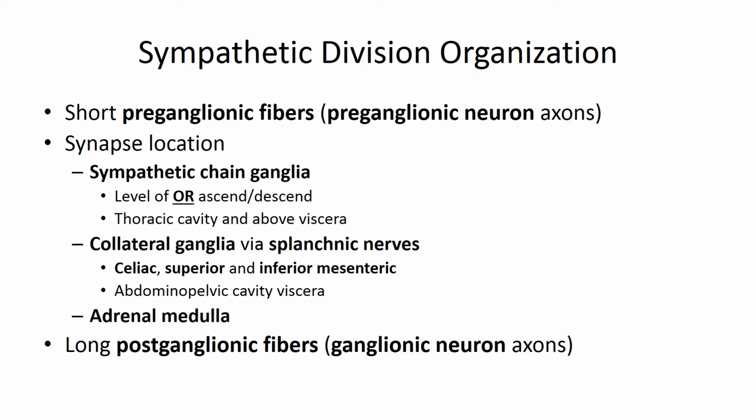Remember, the sympathetic is also called the fight or flight, also sometimes by the 4 E's: excitement, emergency, embarrassment, exercise. Sympathetic, the neurotransmitter is acetylcholine in the first synapse, but epinephrine or norepinephrine in the second synapse.